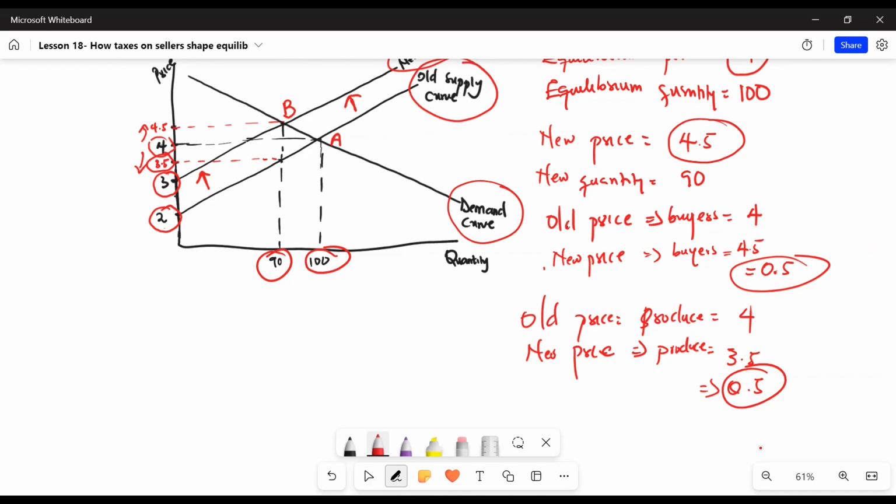We can see that quantity sold reduced from 100 apples to 90 apples. And also the tax increases the price buyers pay, but decreases the price sellers receive. So it increases the price buyers pay from 4 to 4.5, but decreases the price that sellers receive from 4 to 3.5.